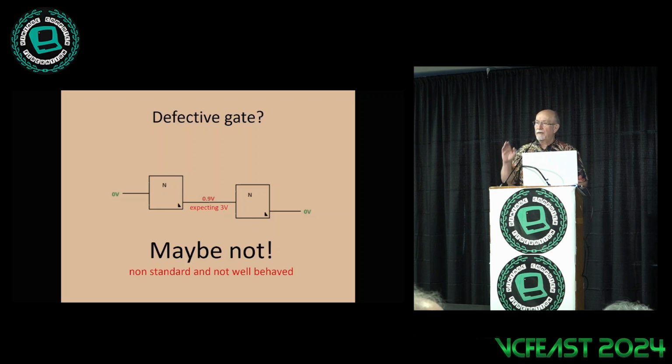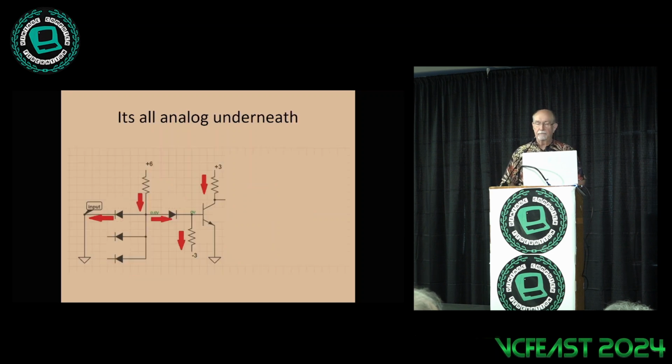That's because, again, to reinforce, these are not standardized, well-behaved gates. It's all analog underneath. What you have to learn in dealing with this is to be ready to go analog beneath the digital abstraction, because the way things behave really violates what you think is happening at the digital gate level.